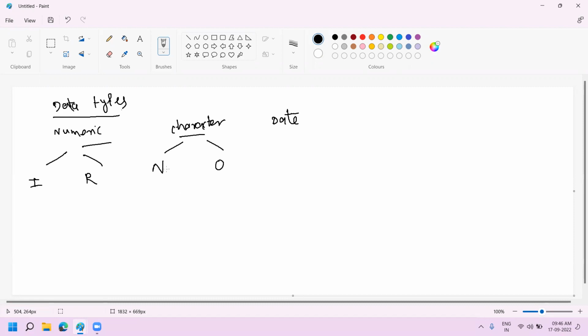N is nominal data, O is ordinal data. And for numbers, we have interval data, and R is ratio.